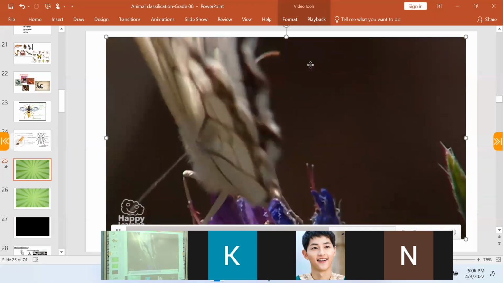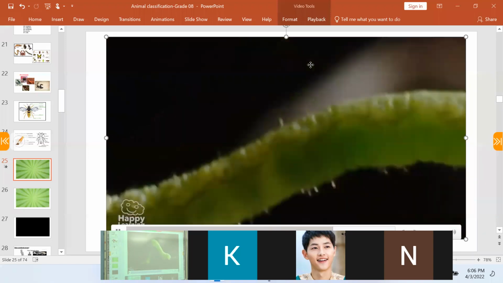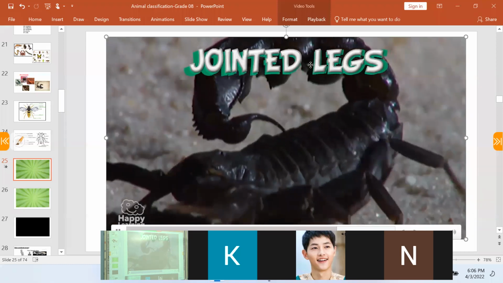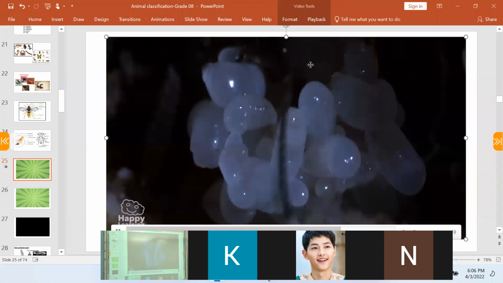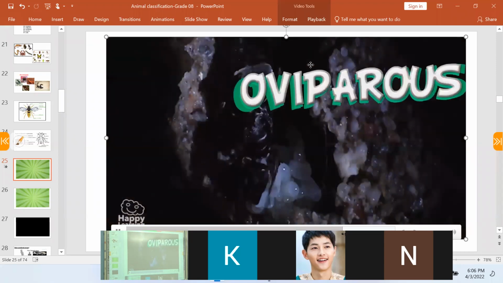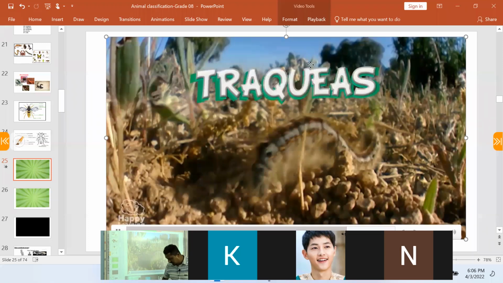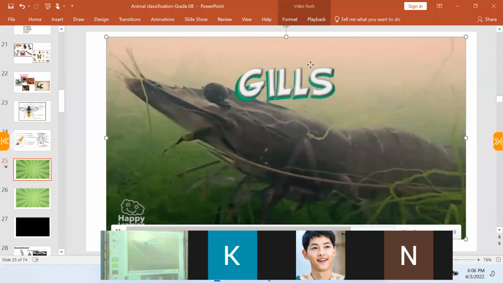Now we're going to remember the most important things. Arthropods are invertebrates, and their main characteristic is their jointed legs. Their bodies are divided into segments, and they lay eggs to reproduce, meaning they are oviparous. The terrestrial arthropods breathe through their tracheas, and the aquatic arthropods through their gills.